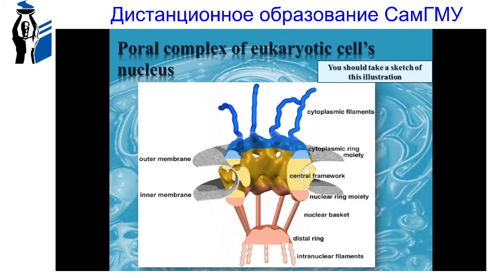According to electron microscopy data, the nuclear pores cross-sectionally have the shape of an eight-spoke carved wheel. That is, they have an axis of symmetry of the eighth order. These data confirm the fact that nucleoporin molecules are present in the nuclear pore in a multiple of 8. The channel that is permeable to molecules is located in the center of the structure.